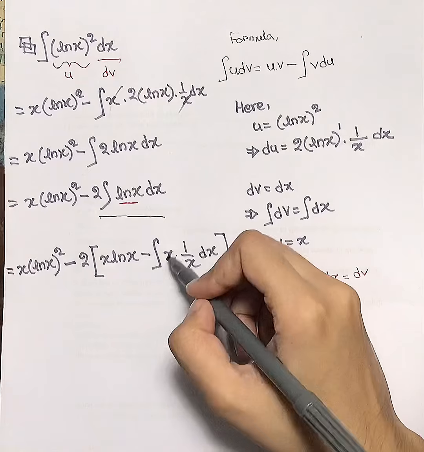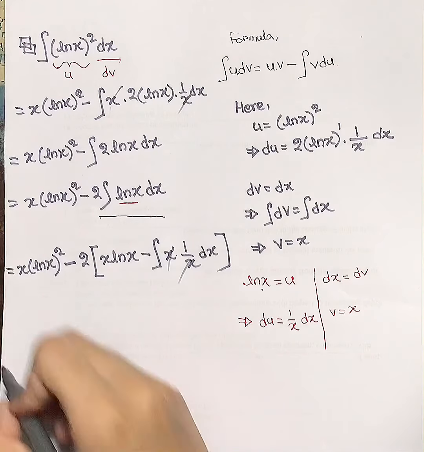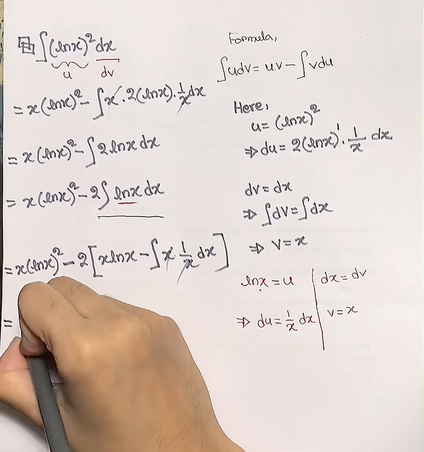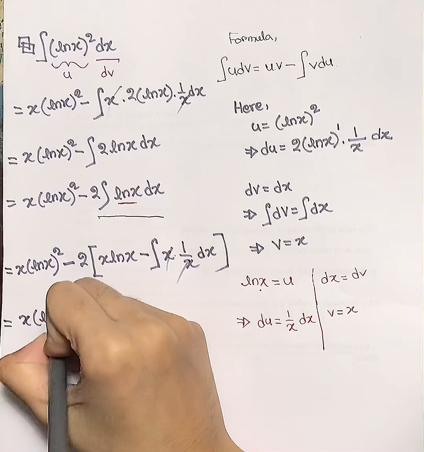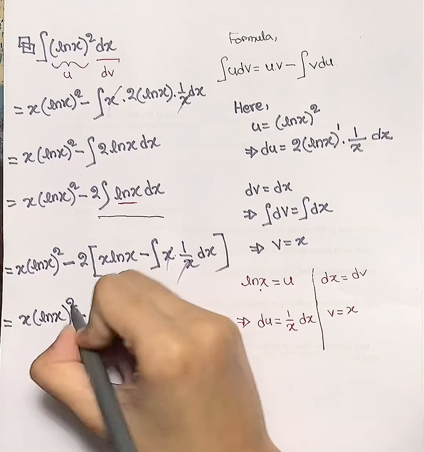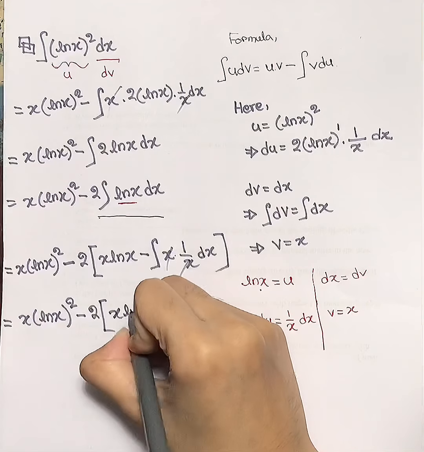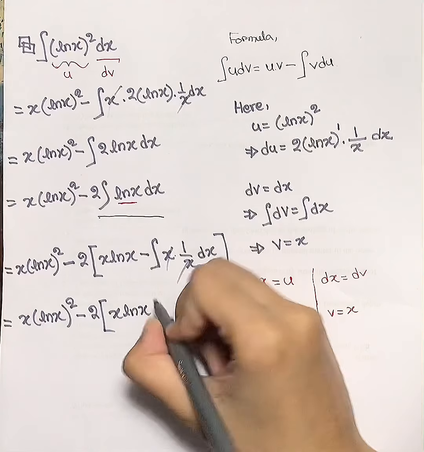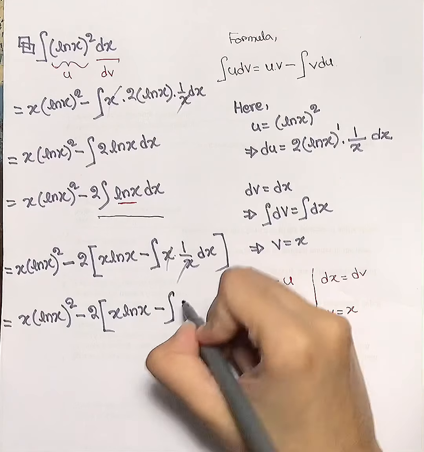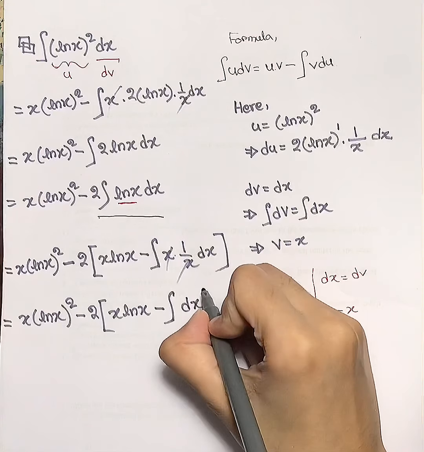Now this x and this x will cancel out, and then I'm going to have x into (ln x) whole square minus 2, then a bracket, x ln x, and then integration of dx.